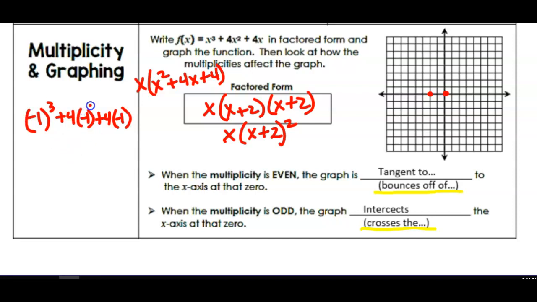Oh, this was squared. Okay. This would be -1. This would become a +1 times 4. This would be a -4. So we'd get out a -1. So when I put in a -1, I got out a -1. It is down here. It's a degree 3, so it starts from over here down. At -2, it's going to bounce.